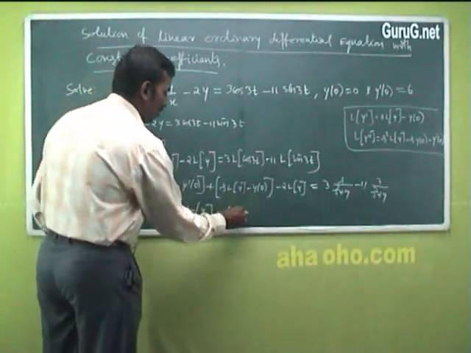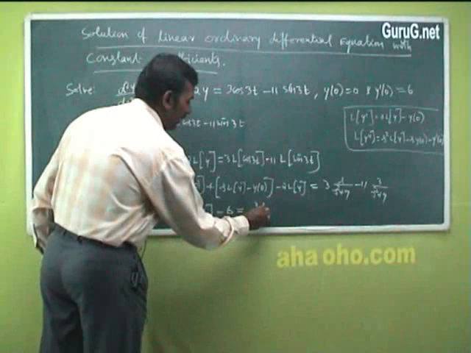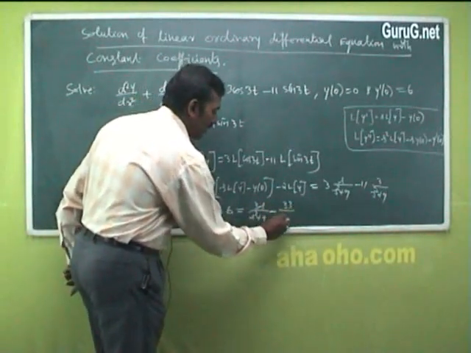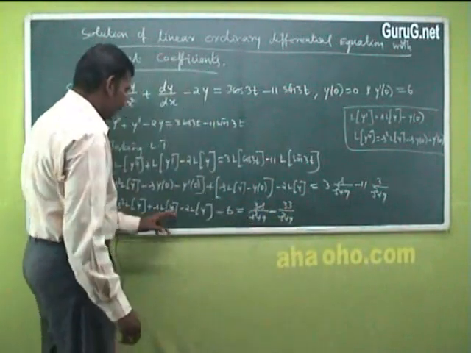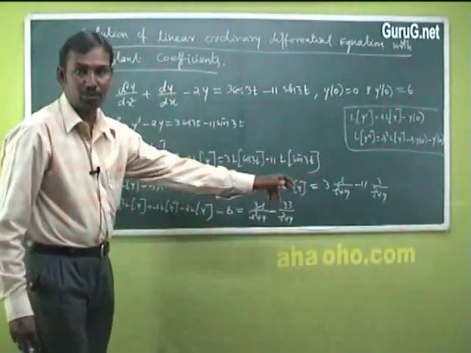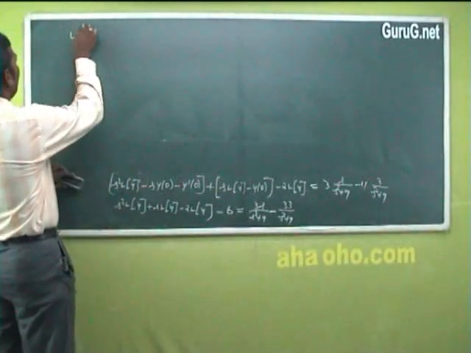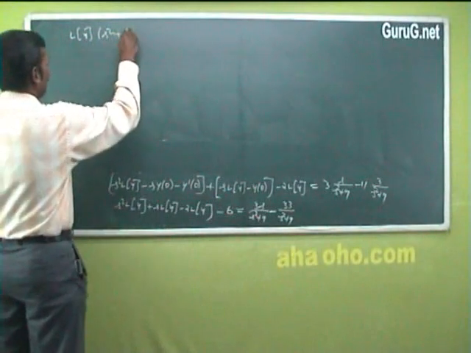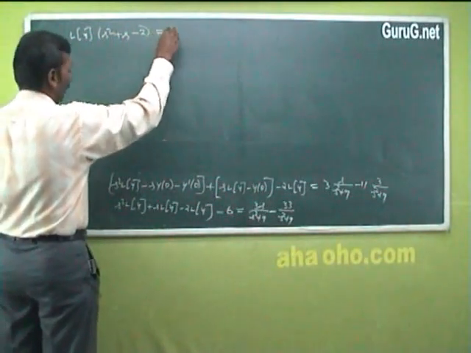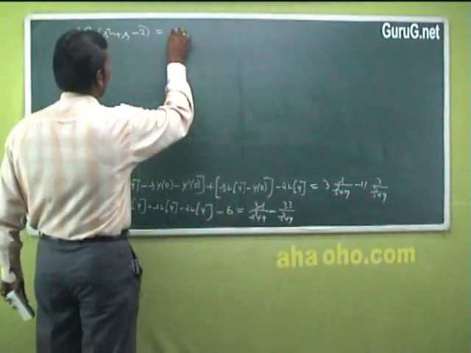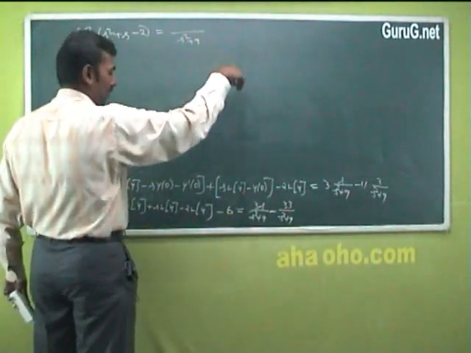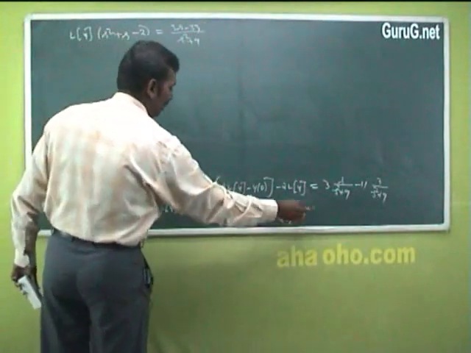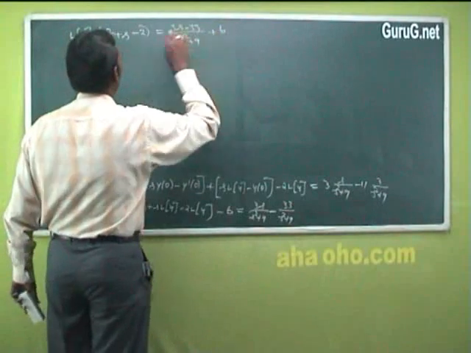Now this is 0. This is equal to 3s by s squared plus 9 minus 33 by s squared plus 9. Now keep only L of y on the left hand side and take the constant term to the right hand side. Now L of y into s squared plus s minus 2 equals, you take LCM, s squared plus 9, so 3s minus 33, and the minus 6 becomes plus 6, right?